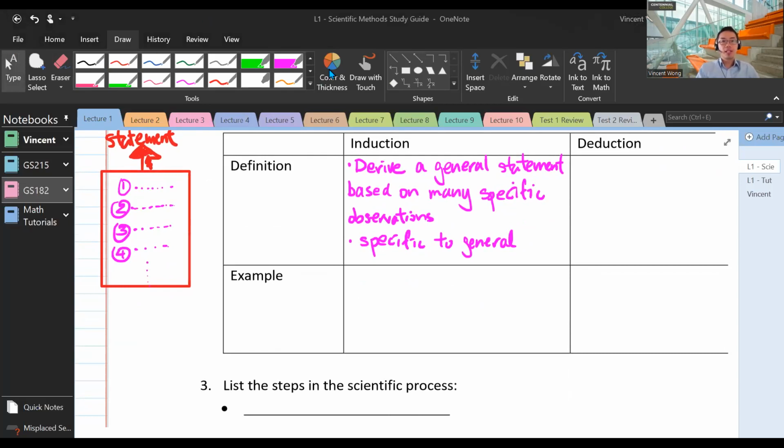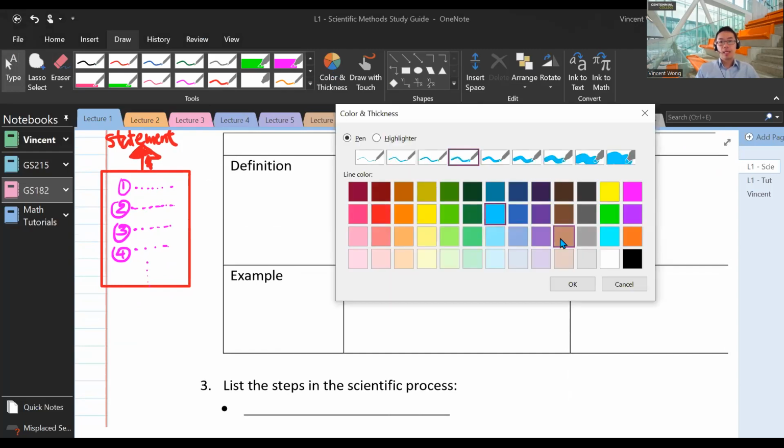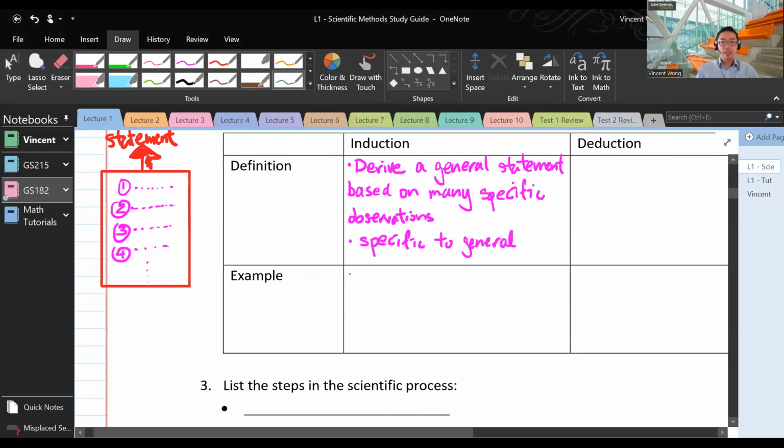So an example of this would be, let's just say, statement number 1, birds are made up of cells. Fish are made up of cells. And then sharks, I guess sharks are kind of like fish.